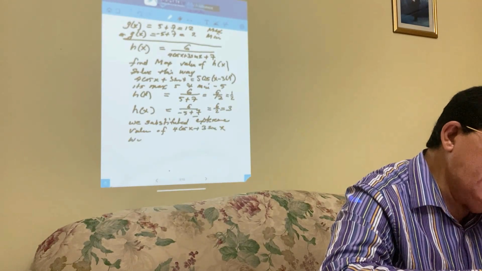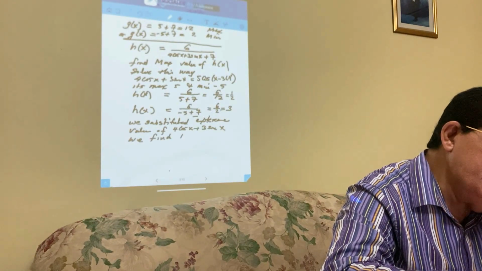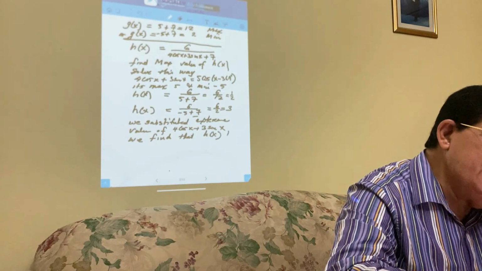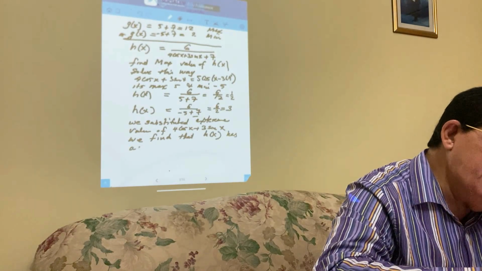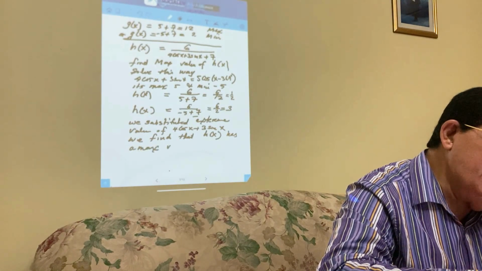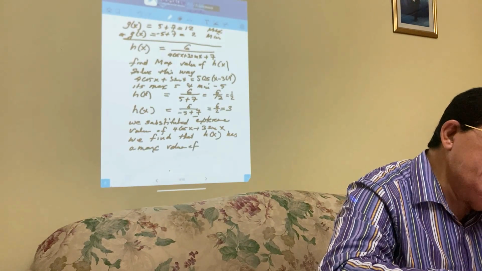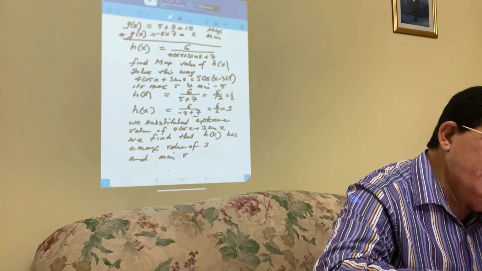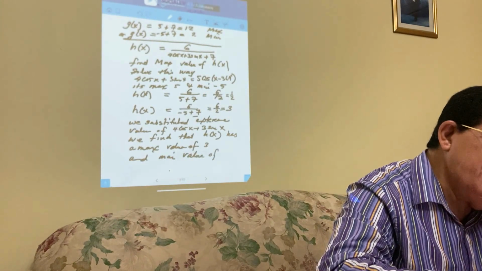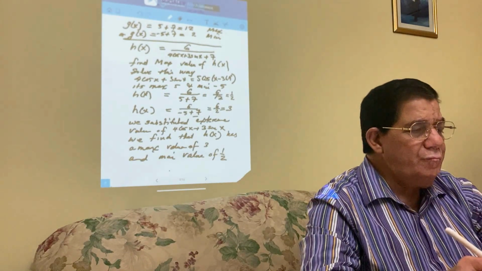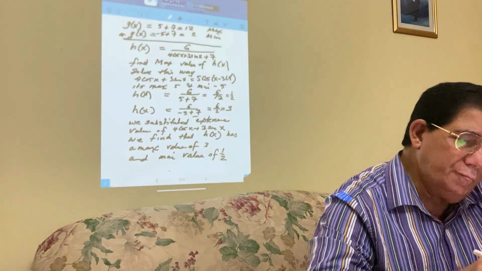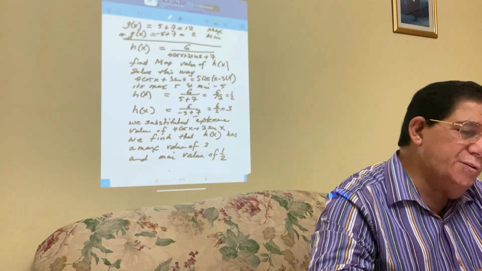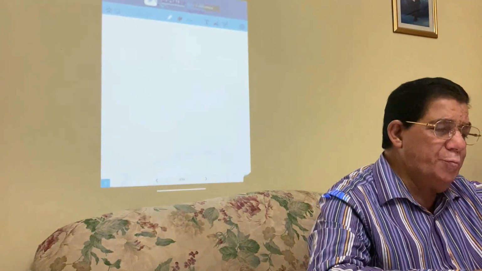We find that h of x has a maximum value of 3 and a minimum value of half. This is the end of this chapter.